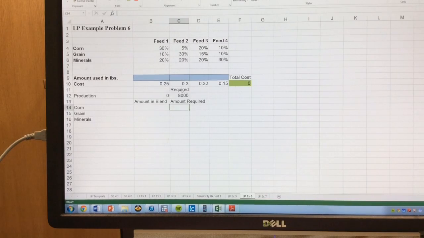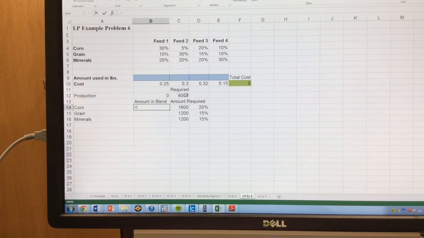The amount required is 20% of corn, 15% of grain, and 15% for minerals. I want to make those look like percentages. And the amount required is equal to 8,000, anchor that, times 20%, so 1,600. I can now copy that down, and now that's the amount required of each one.